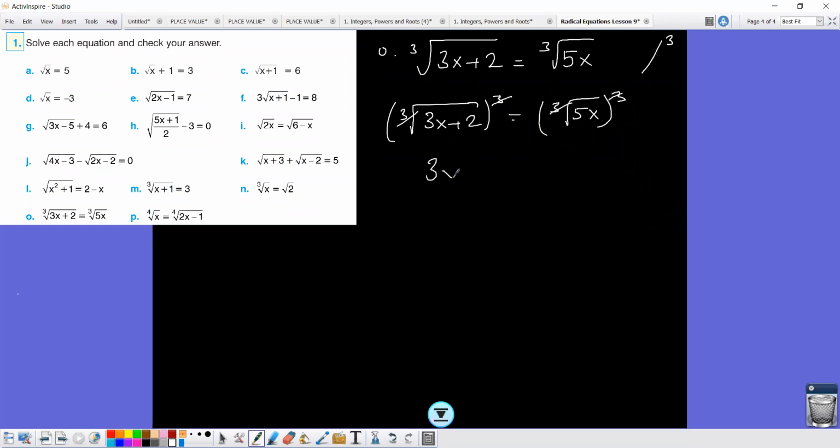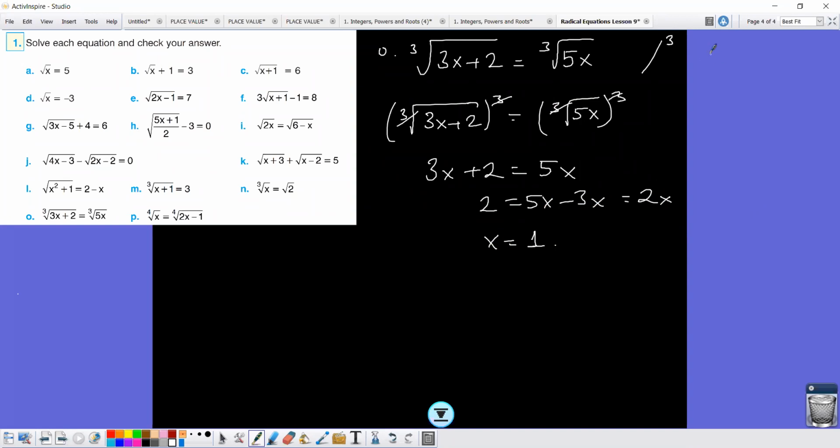And what do we have? 3x plus 2 is equal to 5x. I'm taking 3x to the other side. 2 is equal to 5x minus 3x, which is 2x. Then x is equal to 1.